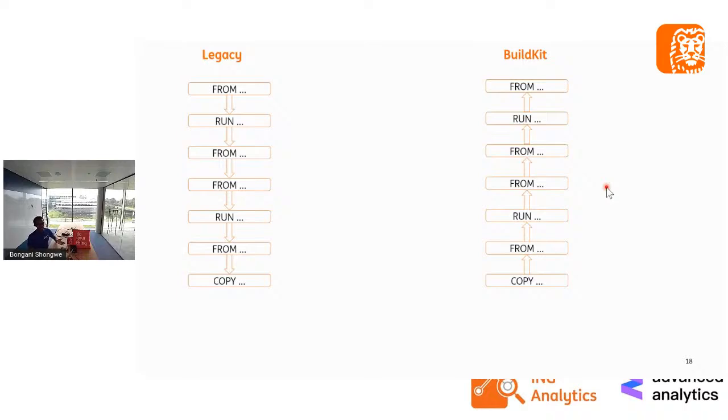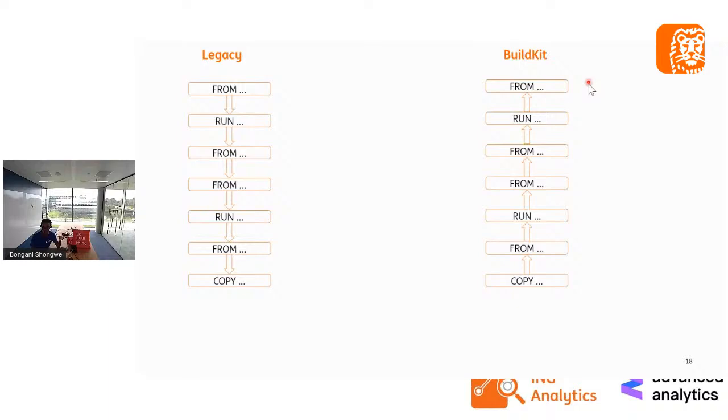Now, what did I mean that the legacy builder is linear? Well, if you take a look at the left, when you run Docker build on your Dockerfile, the legacy builder goes in a top-down fashion. So it'll just go top to bottom and run each step in this linear fashion. Versus BuildKit, when you run your Docker build, BuildKit first traverses from the bottom up.